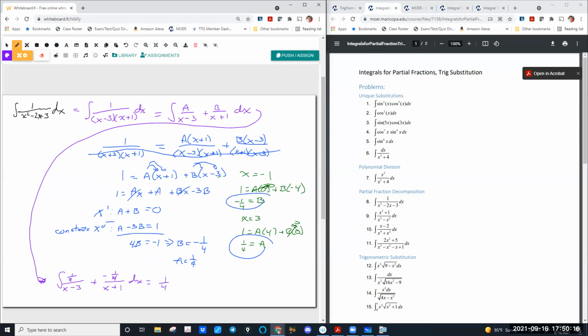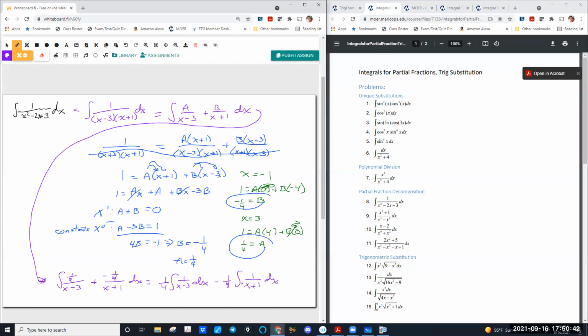So 1/4 of 1 over x minus 3 dx minus 1/4 of 1 over x plus 1 dx.